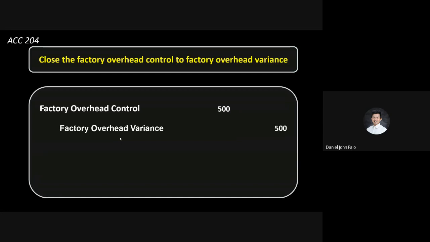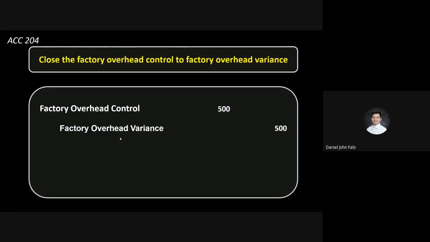This is a test for the effectiveness and efficiency of the factory overhead variance. Because if you set the budget for the applied factory overhead higher, there would be a reduction.